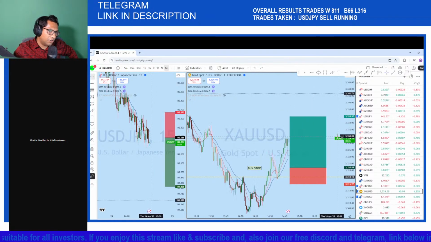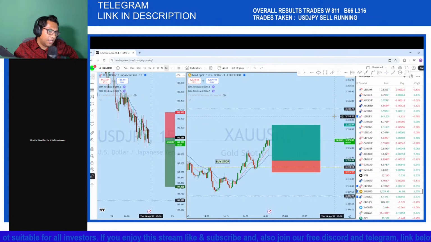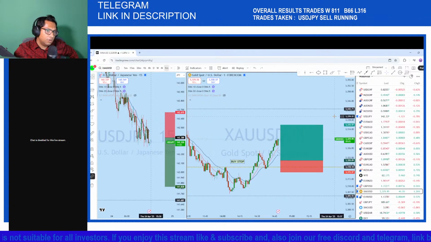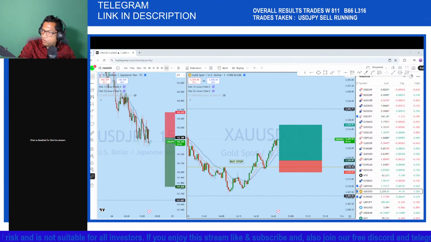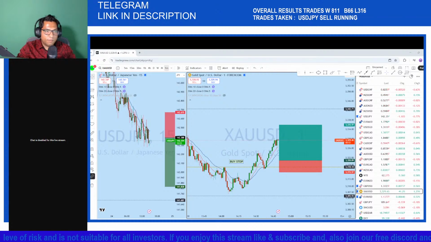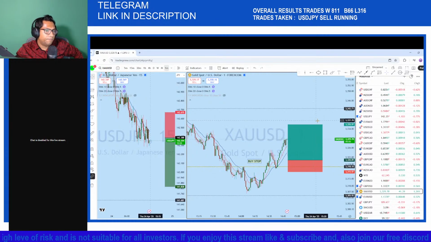A bullish engulfer is being formed, and okay, so we are in the right direction at the moment and running it, which is going on the bullish side.